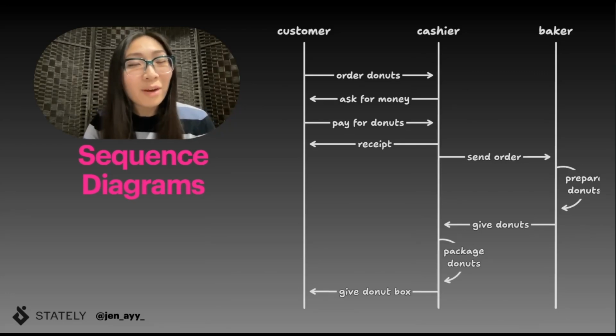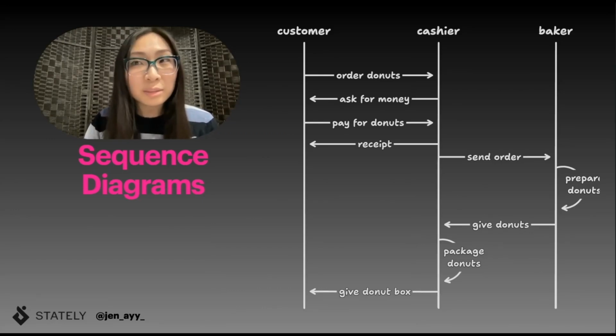In this example, if I wanted to purchase a donut, I can explain the process with a sequence diagram. And there are three actors: the customer, the cashier, and the baker. First, the customer orders the donut from the cashier. This is conceptually a message sent between the customer and the cashier. The cashier then responds by asking for the money.